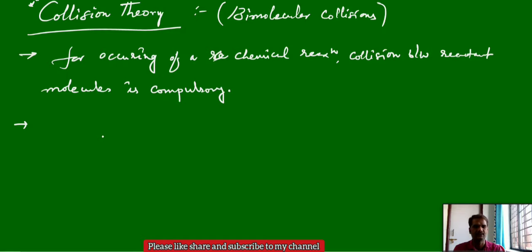product formation. Out of all collisions, only a few can result in product formation, and those collisions are called effective collisions or fruitful collisions. So, what is the meaning of effective collisions?